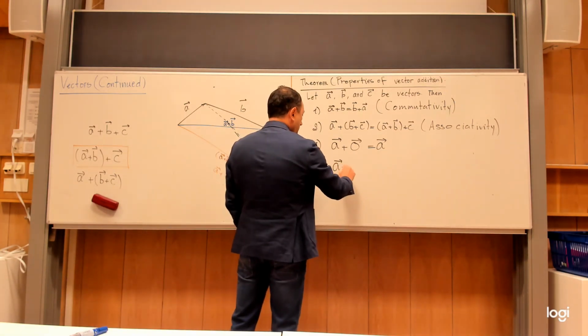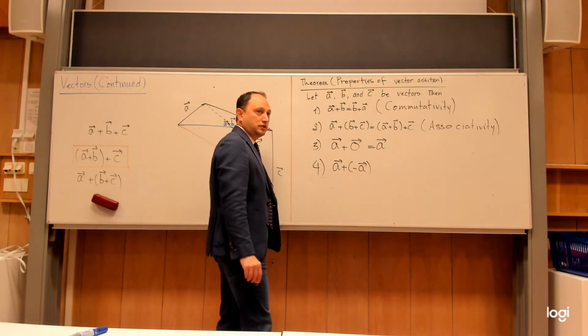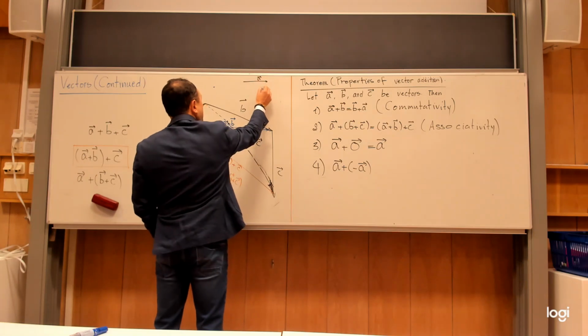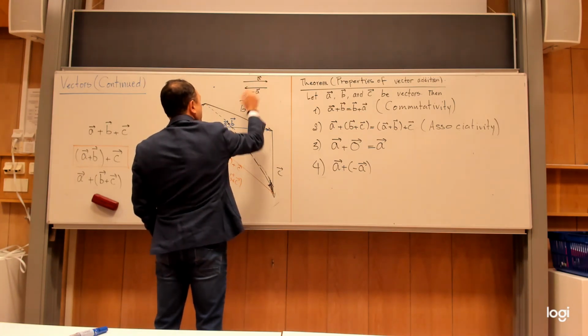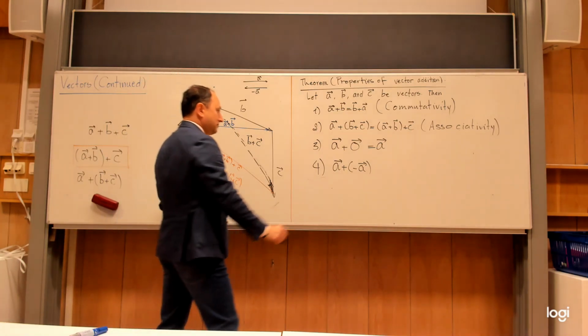A, you already know the answer. If I add these two vectors, what would be the result? You see, this is vector A, this is vector minus A. If I add them, what will happen? It would be 0, yes?